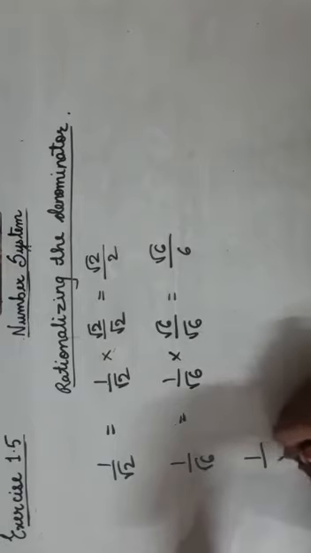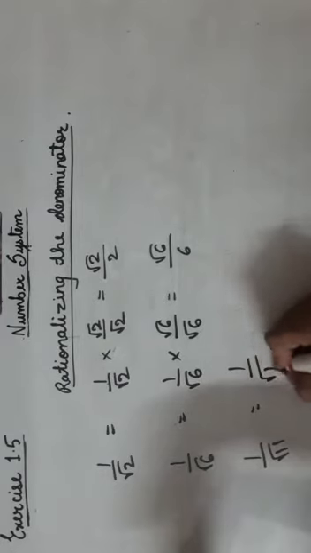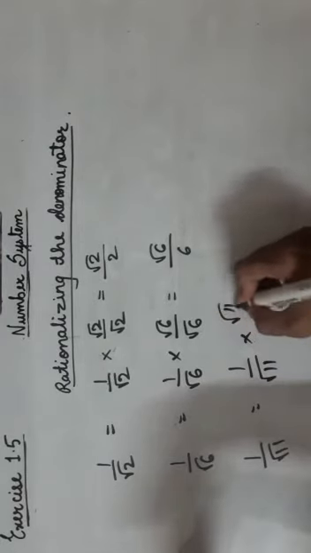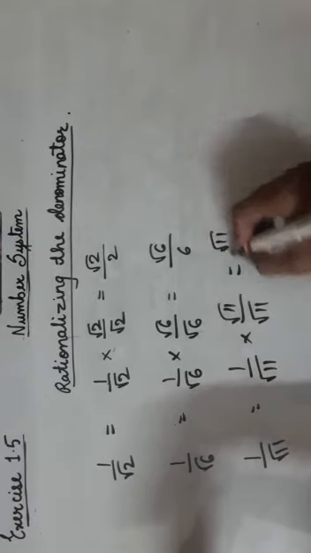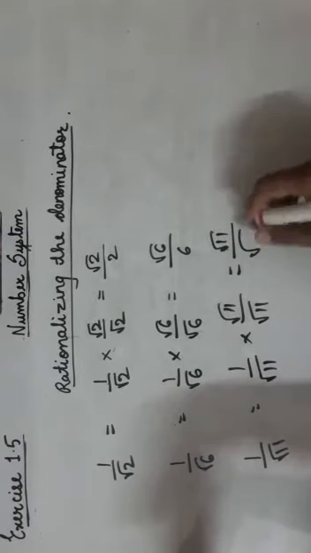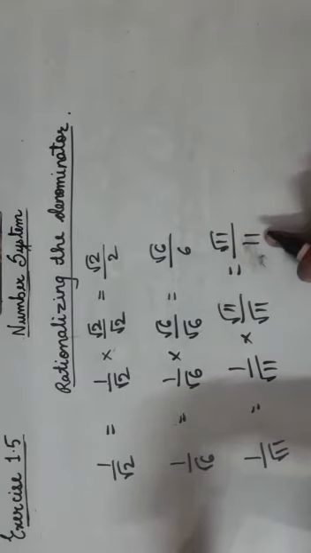Then 1 upon root 11. Same way, 1 upon root 11 into root 11 upon root 11. 1 into root 11 is root 11. Root 11 into root 11 is 11. So again your denominator is no longer irrational, it became rational. So we have rationalized the denominator.